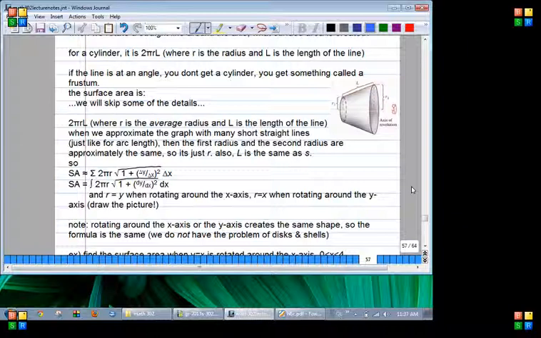You get the exact same shape. You either get a frustum around the x-axis or a frustum around the y-axis. So it's the exact same shape, therefore it's the exact same formula. So we don't have the disks versus shells problem when we're doing arc length and then surface area.